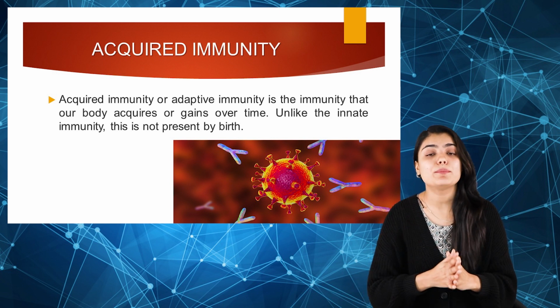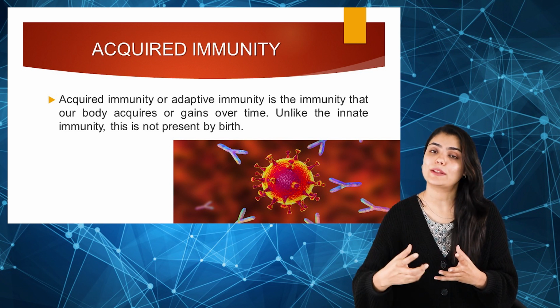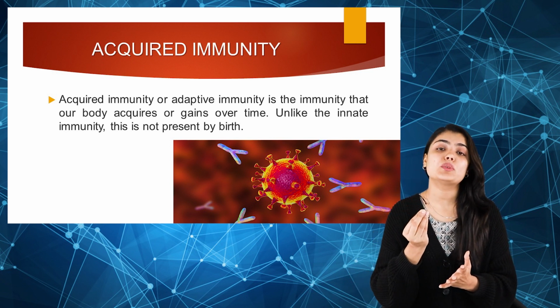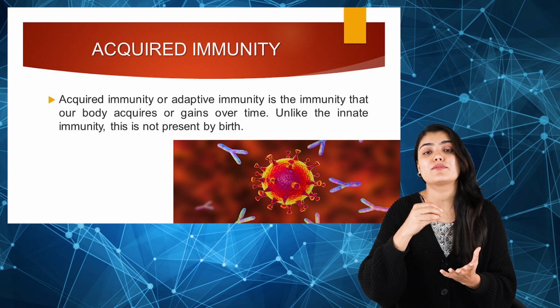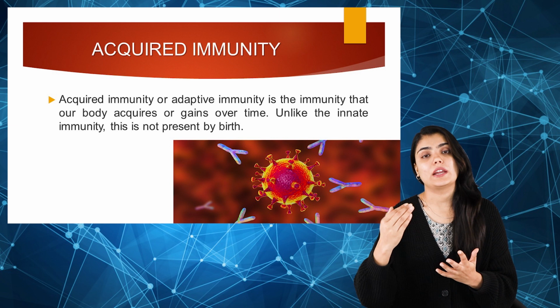So, an acquired immunity is the ability of the body to fight against any pathogenic organism, but this immunity is not present right from the birth of an individual. It is acquired by an individual over a period of time.